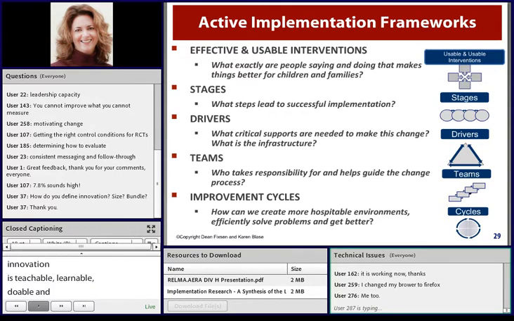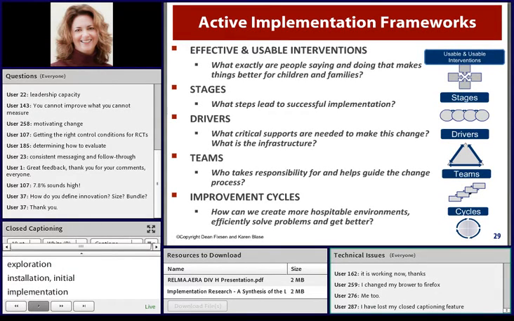Our second framework is the implementation stages. We know that implementation doesn't happen overnight, as much as we all would like it to at times, and that there are key critical steps that need to happen to lead to that successful implementation. NIRN has identified in our work 4 implementation stages of exploration, installation, initial implementation, and full implementation.